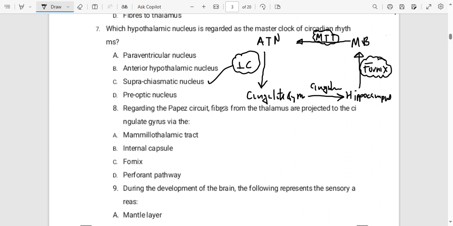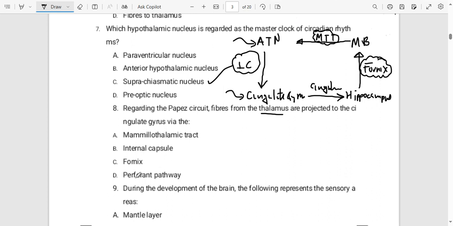So regarding the Papez circuit, fibers from the thalamus, remember, the thalamus is specifically the anterior thalamic nucleus, project to the cingulate gyrus via the. So which one is the answer here? A, B, C, D. Someone to surprise us, especially those who don't like speaking.